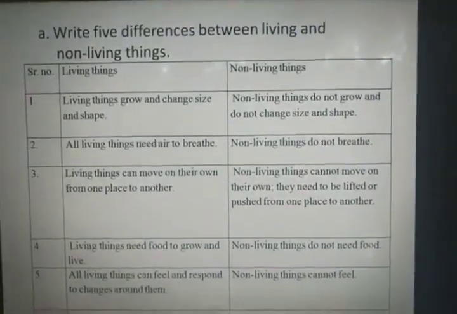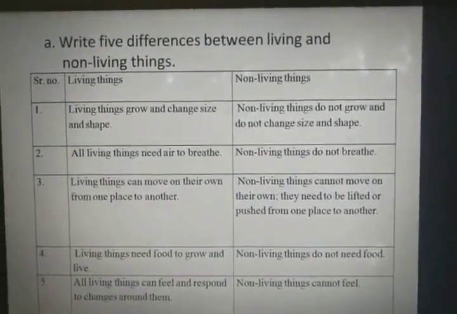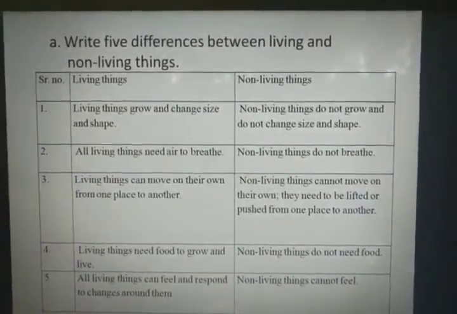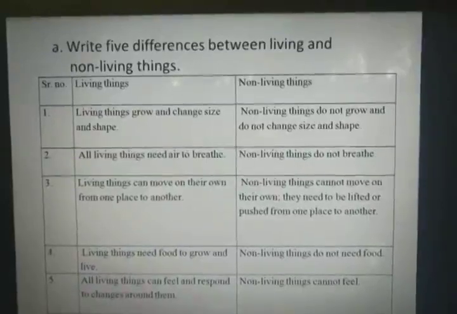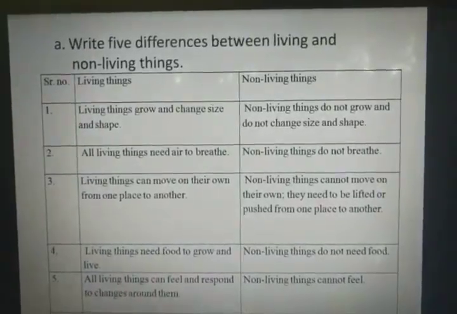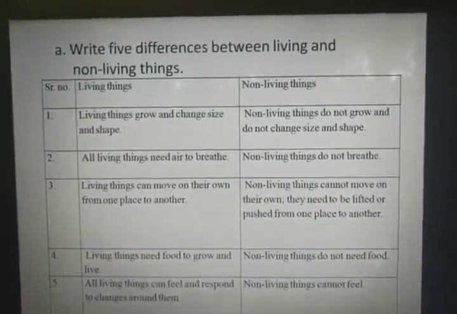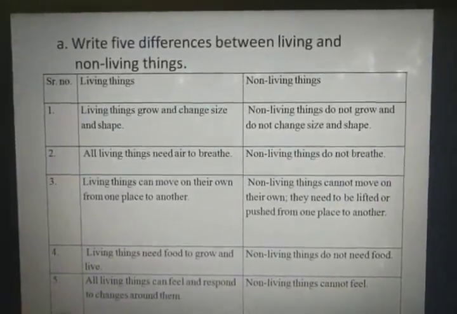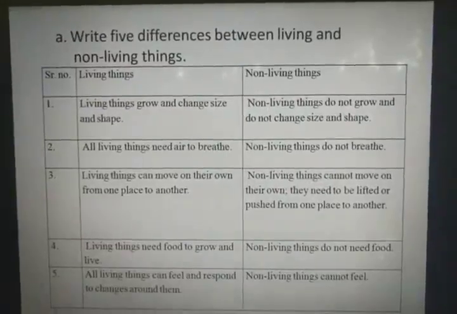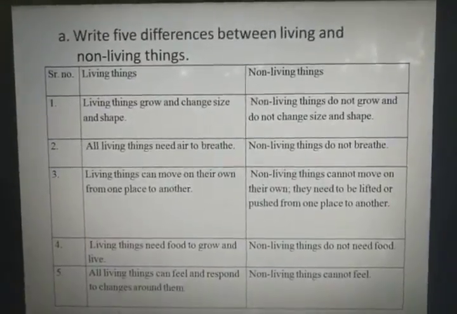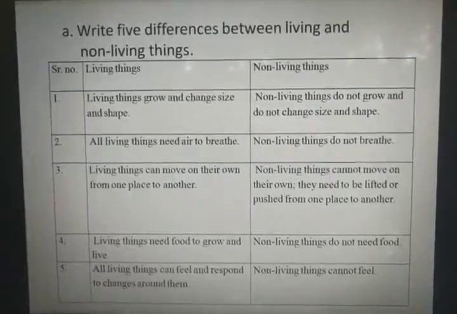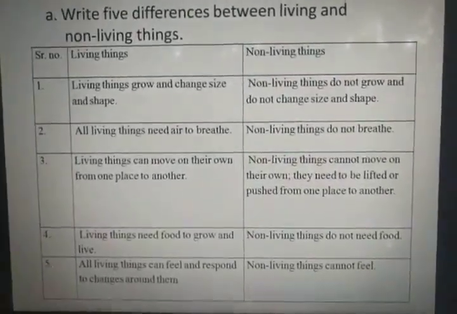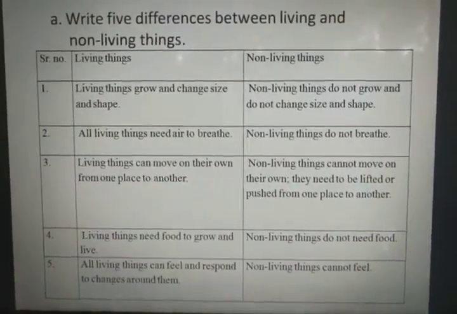See here in point number 3, there are only 2 lines under the heading living things, whereas there are 3 lines under the heading non-living things, but a common line is left in between point 3 and 4. So you have to follow this strictly while writing the differences.